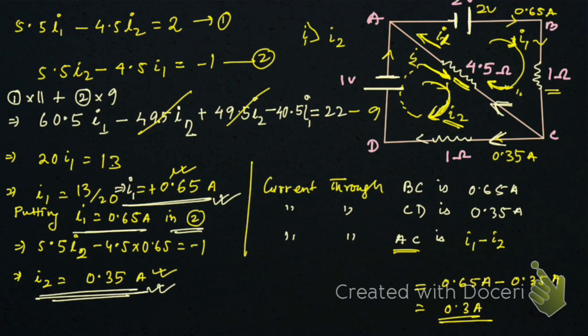So this is the current through the 4.5 ohm resistance, and this is the current through BC, the 1 ohm resistance in the arm BC. So hope you have understood. We have got all the three currents in this circuit.